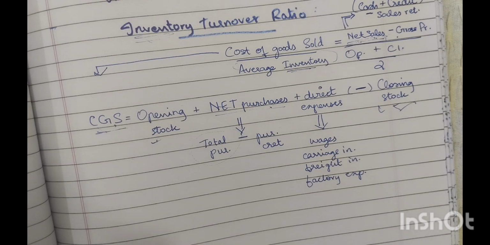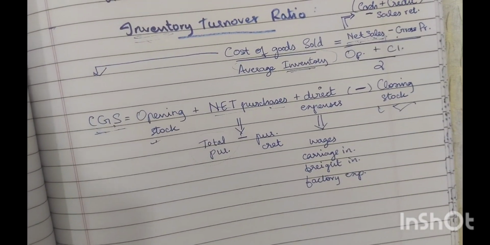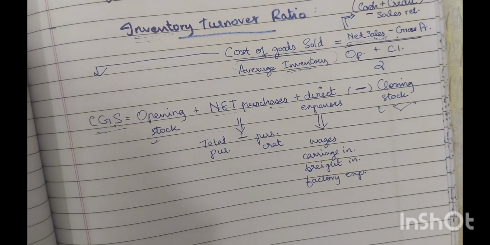For example, if we got the answer to be 12 times, that means we bought the inventory in 12 lots. And it's always assumed to be equally distributed throughout the year. So if it's 12, it means we bought in 12 lots, once every month. If it's one time, then it means we just bought the goods once in a year, and that would be in the beginning of the year, right? Or if the date is specified, then that. So that is what inventory turnover ratio actually specifies.